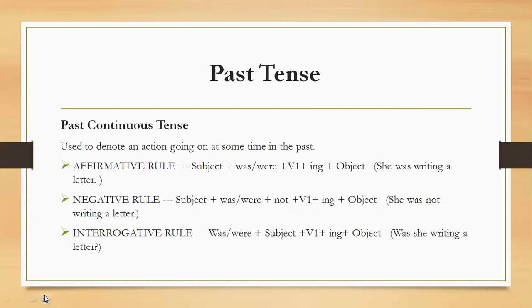So, past continuous tense denotes an action that was going on sometime in the past. The examples here: she was writing a letter. She was not writing a letter. Was she writing a letter? These are some examples of past continuous tense.